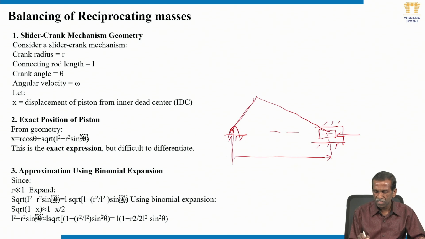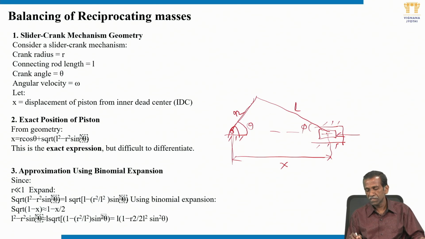We take the position of the piston as x, and we can write x equal to, when the crank is at this position, the crank is at an inclination theta with the center line of the cylinder, the connecting rod is at some angle phi, the length of the connecting rod we have taken as L, and the length of the crank as R. This is the notation. The position of the piston from the crankshaft fixed frame is x. x can be written as r cos theta plus square root of L square minus r square sin square theta, because this length is r sin theta.